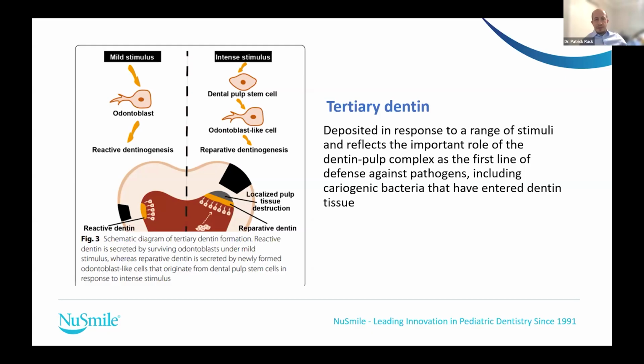And then we have our deeper stimuli, like our pulpotomies or traumas, where we actually need to recruit dentin-like stem cells that can differentiate into odontoblast-like cells and make this mishmash of reparative dentin.